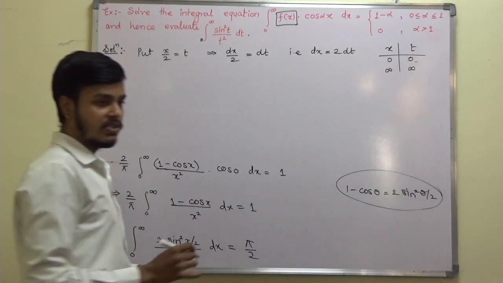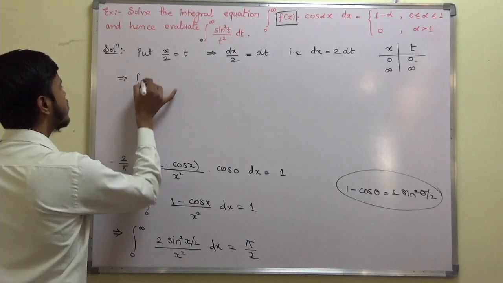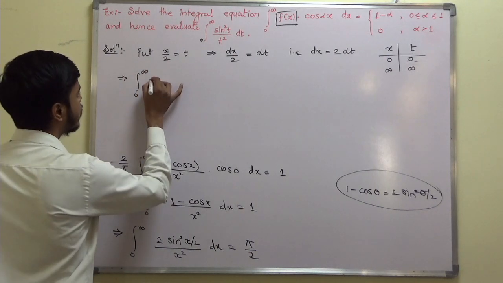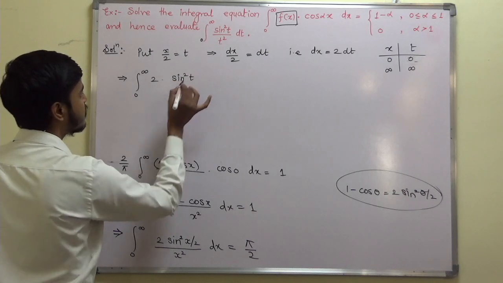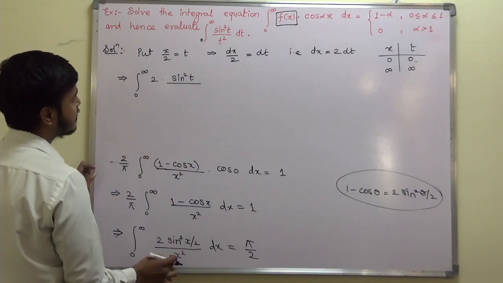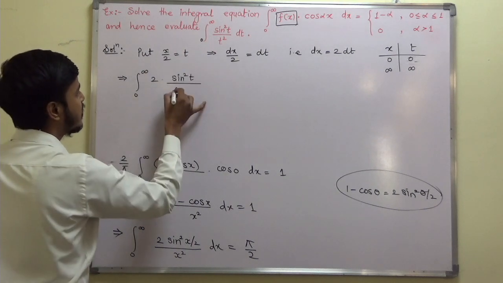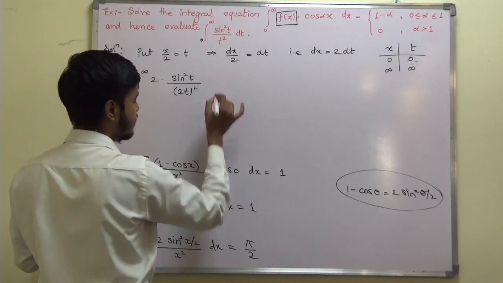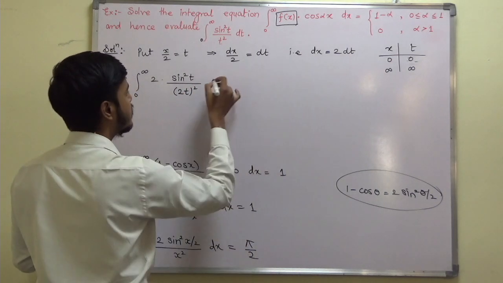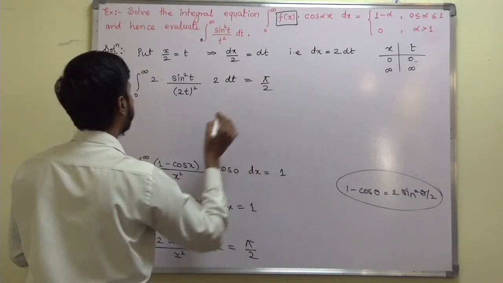Limits are unchanged. So now my problem becomes integration 0 to infinity 2 into sine square x by 2, that is t, upon x square. So what is x square? x by 2 is t, so x is 2t. So this is 2t whole square, dx is 2 dt, is equal to pi by 2.